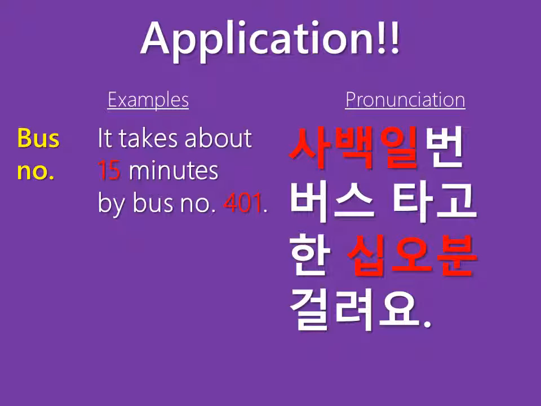Let's say a vehicle number. Say you are lost, you ask a Korean man on the street, how can I get there and how long will it take? And they will say, it will take about 15 minutes by bus 401. 401번. 번 is a unit word for order or sequence, a very common unit name for anything in order.